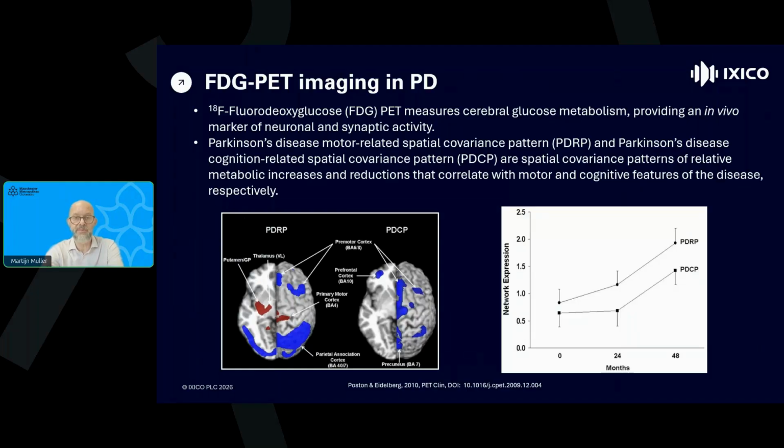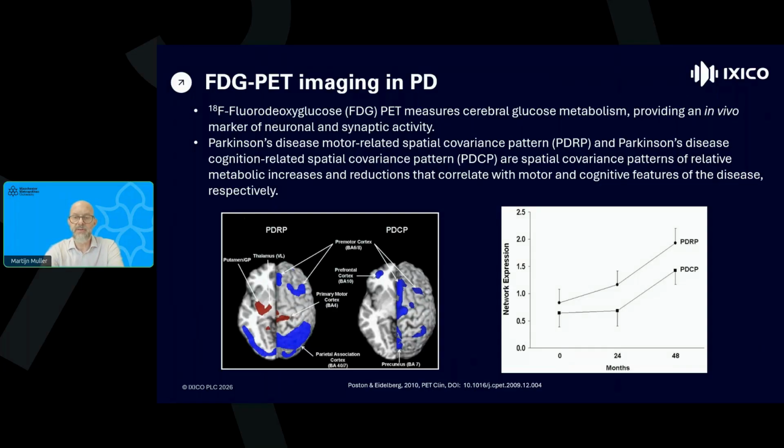FDG PET provides a fundamentally different perspective by measuring brain metabolism rather than a specific neurotransmitter system. Using FDG PET, we have been able to identify disease-related metabolic networks, such as the Parkinson's disease-related pattern, or PDRP for short, and the Parkinson's disease cognitive pattern, or PDCP.